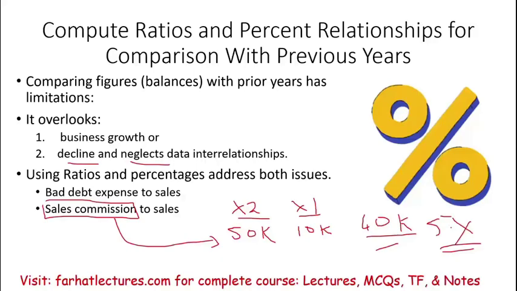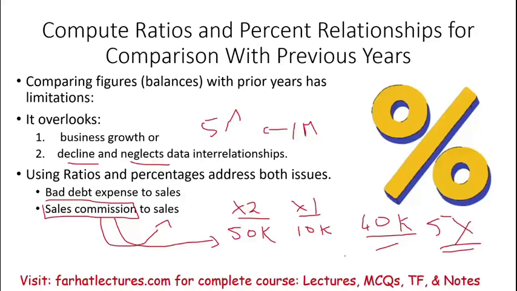Is there something wrong here? Well, not at all. If your sales went from 1 million to 5 million, then guess what? Sales commission should be in sync with sales. So if your sales went up by 5 times, your sales commission should go up by 5 times. Looking at the commission by itself, at the balances, dollar and percentage, it might look scary.